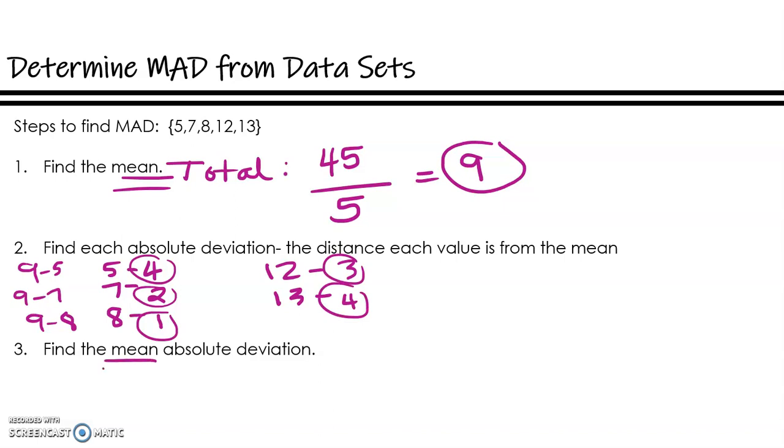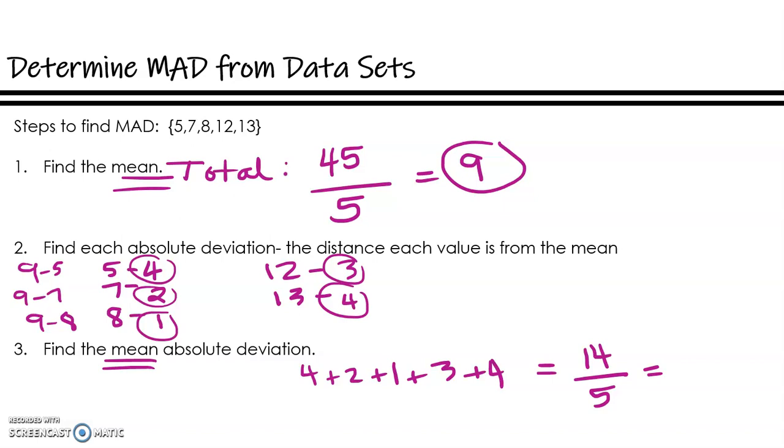Last step is you find the mean of those numbers. So 4 plus 2 plus 1 plus 3 plus 4. That is 6 plus 1 is 7 plus 3 is 10 plus 4 is 14. And then I divide that by 5. I'm going to make sure I did that correctly.